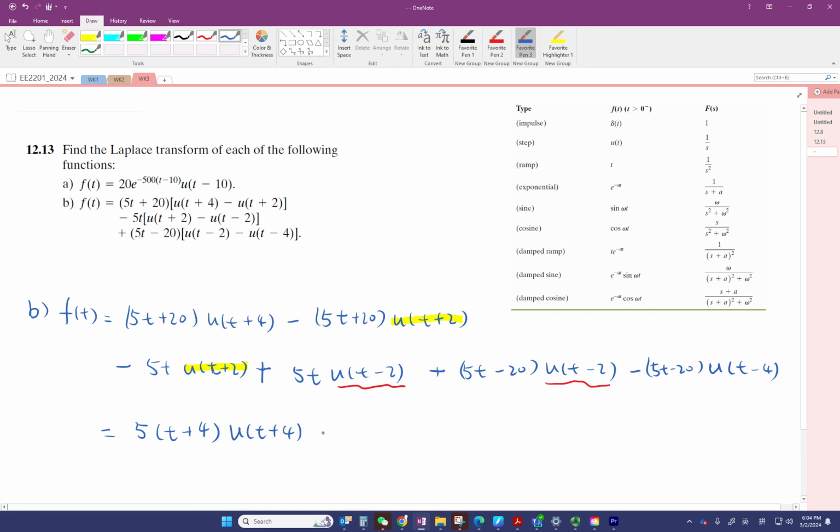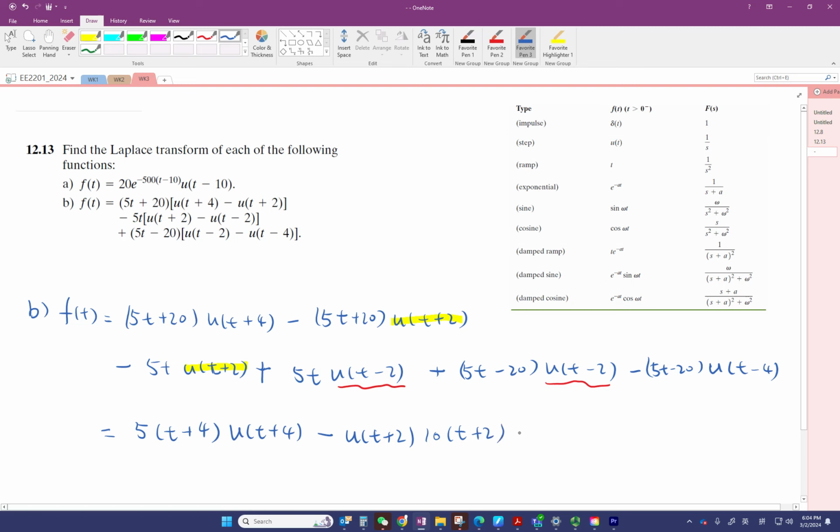Okay, and minus, let's do a minus here, so both of them are minus, so we can make this u(t plus 2) a common term, and the rest is a 5t plus another 5t, so it's 10t, and we can take this 10 out, it's (t plus 2).